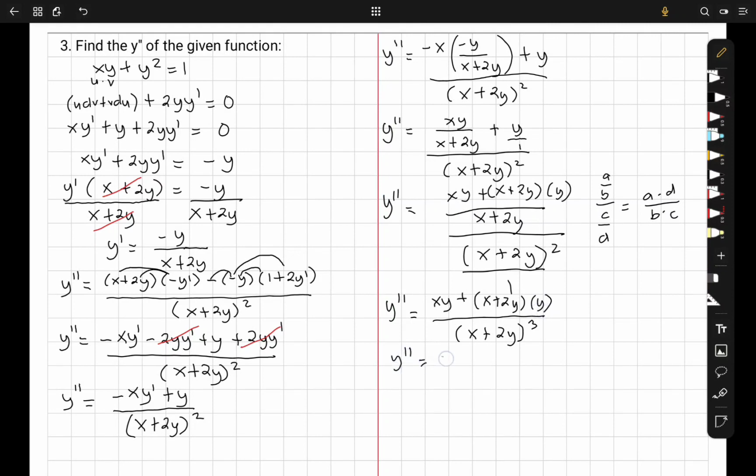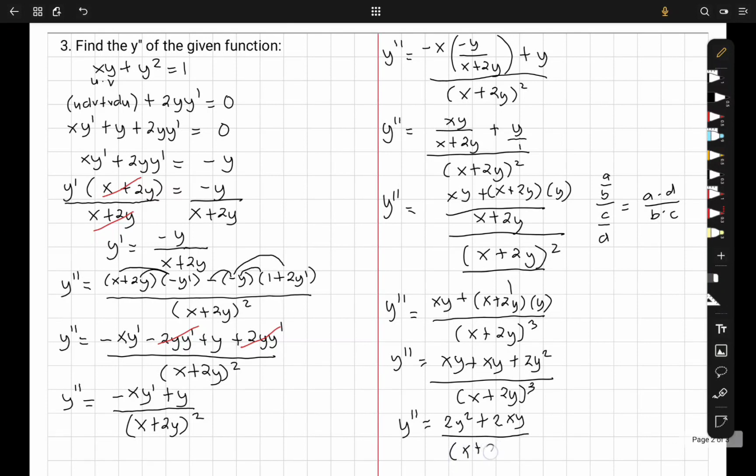Distribute lang natin. That is xy plus xy plus 2y squared all over x plus 2y raised to 3. So, simplify lang natin. Y double prime is equal to, dahil may common, combine lang natin yun. We have 2y squared plus 2xy all over sa ating x plus 2y raised to 3. And this will be our final answer.